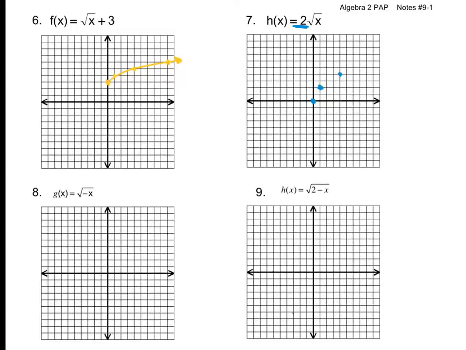Again, went twice as high as it did before. When we go over 9, instead of going up 3, we're going to go up 6. And you can see this graph definitely increases much more quickly than our original graph, which is the square root of x.